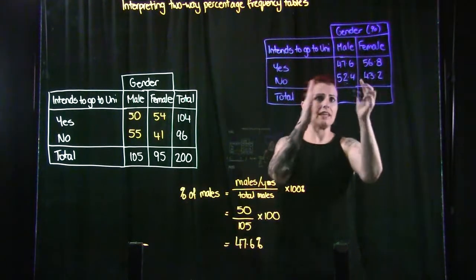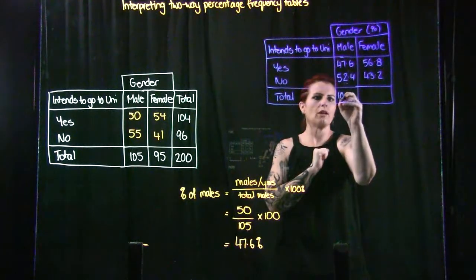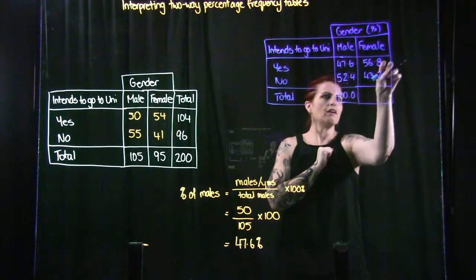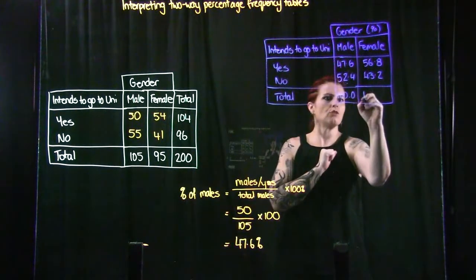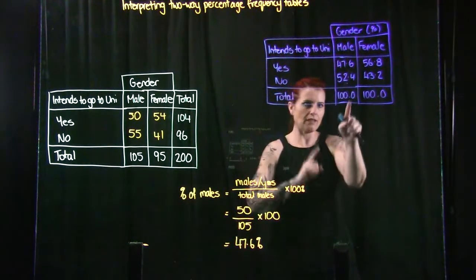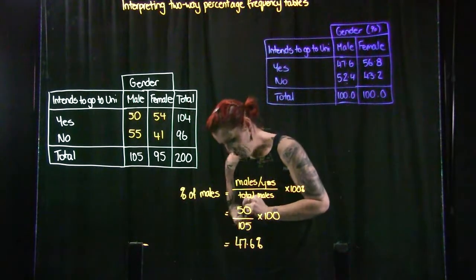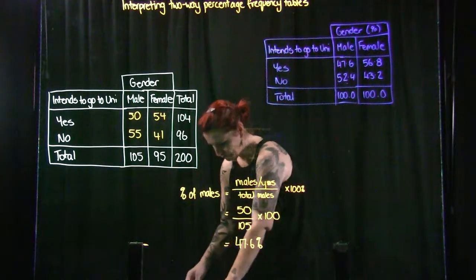Now if I add those together, 47.6 and 52.4, I should get 100%, and 56.8 and 43.2, 100.0. See how all of them have one decimal place, even when there's nothing to put in, I just put a 0.